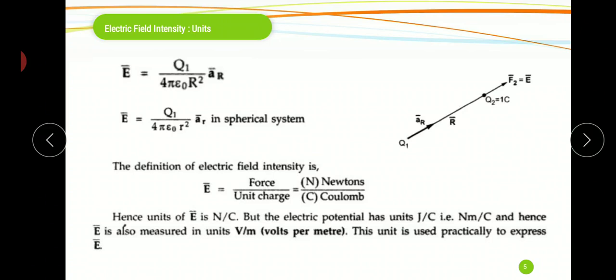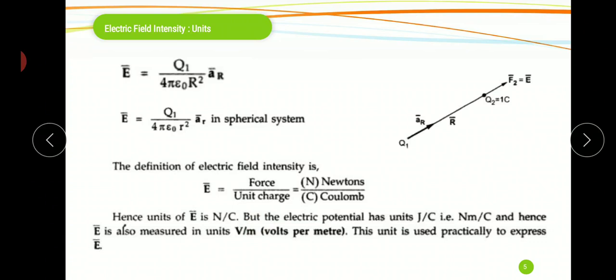Then what about the units of electric field intensity? According to the definition, electric field intensity is force per unit charge, that means force by unit charge. The unit of force is newton and for charge it is coulomb. Hence the unit of electric field intensity is newton per coulomb.